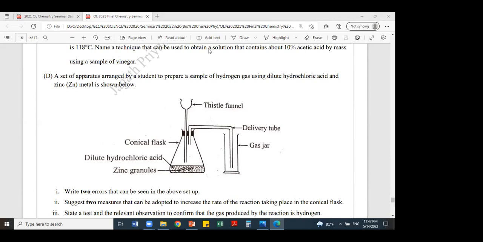So there's a question like, what is a control experiment? Control experiment means that in a scientific experiment, to make it a fair test, you need an experimental setup and a control experiment. You can even explore and search the internet for variable factors, control variable.